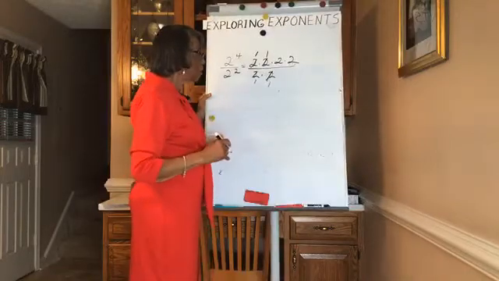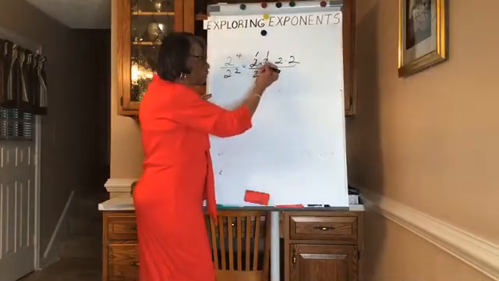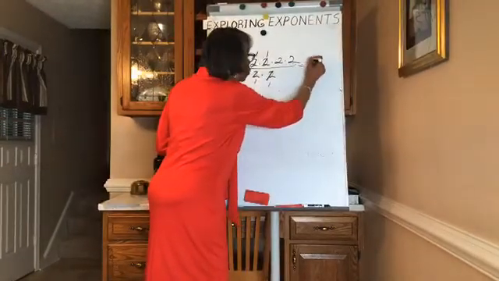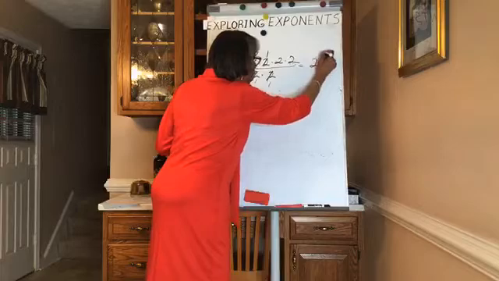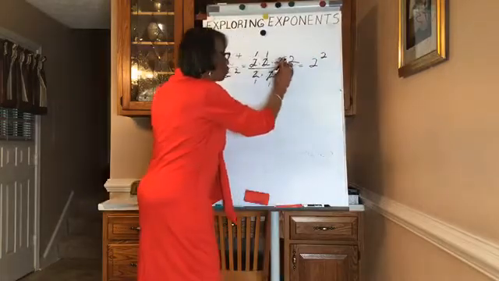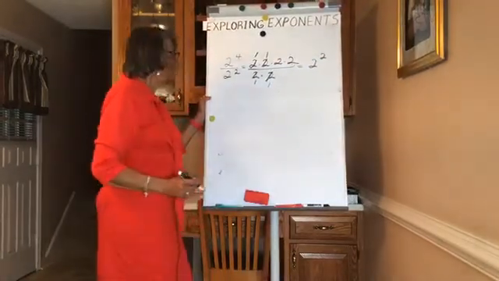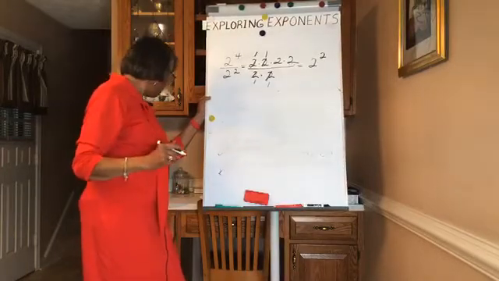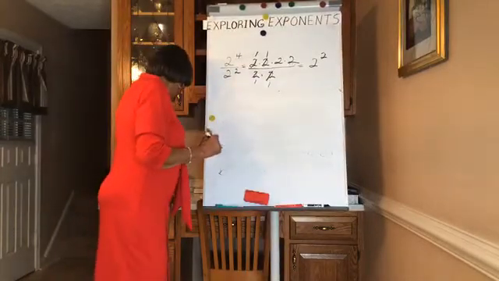So we'll get to that a little later. So what do we have left? We have then 2 to the 2nd power, because there's 2 left. Okay, I'm going to leave that up there. I want you to look at it a moment while we do another.